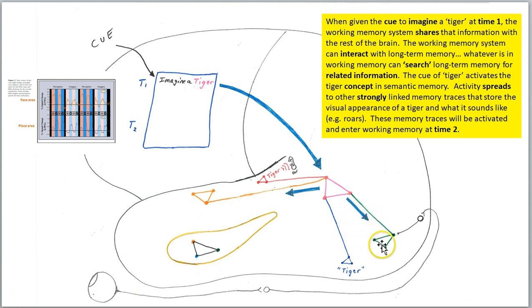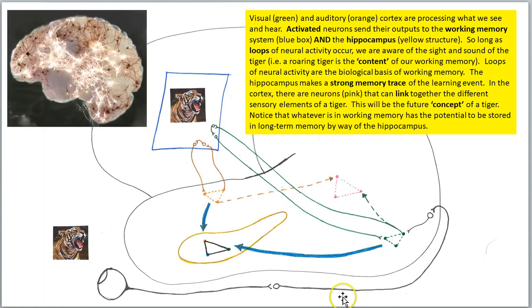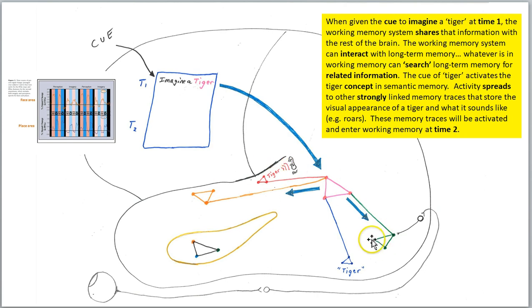And just a note about terminology, when we're imagining a tiger, we're in a sense activating the tiger neurons internally. When we're seeing a tiger, the tiger neurons are being activated externally from an external source. So perception is triggered by an external object in the world, but we can internally reactivate memory traces to imagine things, and that will be an internal reactivation.